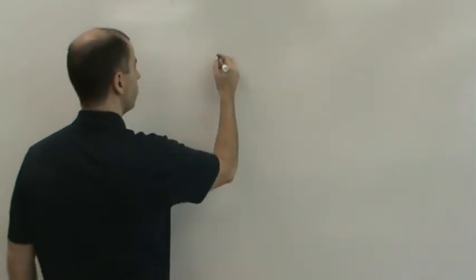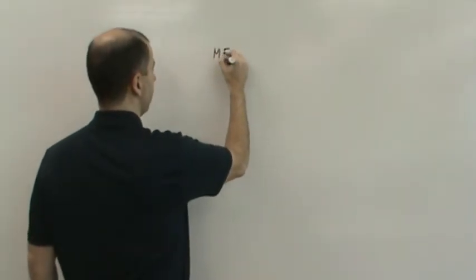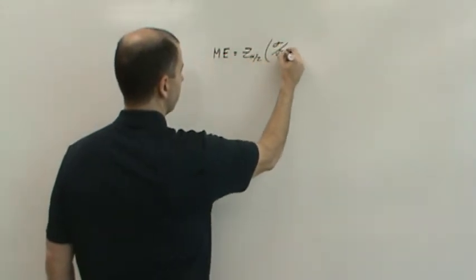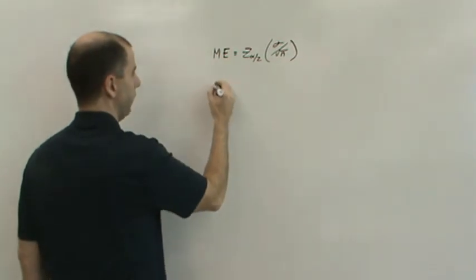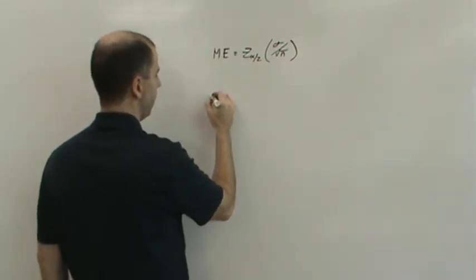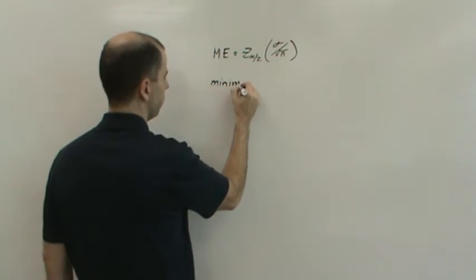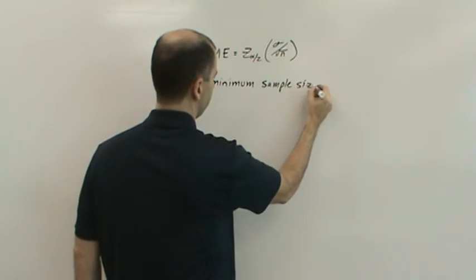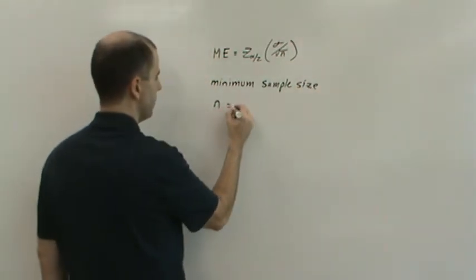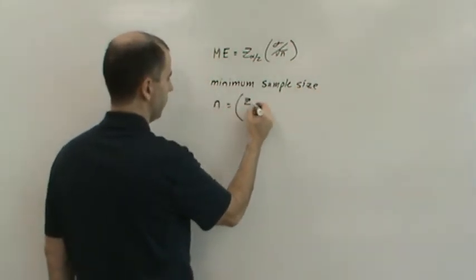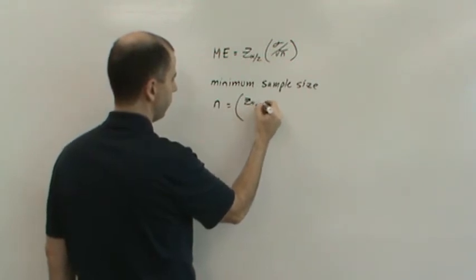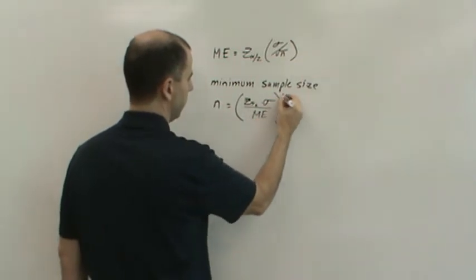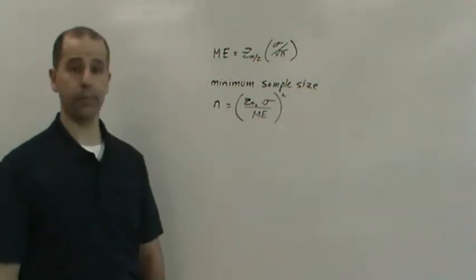Because all we're going to do is take our margin of error formula, in this case, and we're going to solve for n. So this is the margin of error, so n, our minimum sample size, becomes n is equal to z alpha divided by 2 times sigma over the margin of error, that whole thing squared, and this is our minimum sample size.